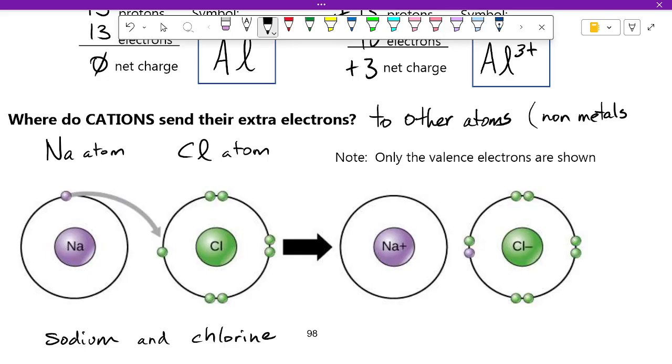We've only shown the valence electrons. We're not showing the inner shells. Sodium has 1 electron and chlorine has one gap. So what can happen? Sodium can send its electron over to chlorine's gap, and you'll notice that that electron ended up right there.